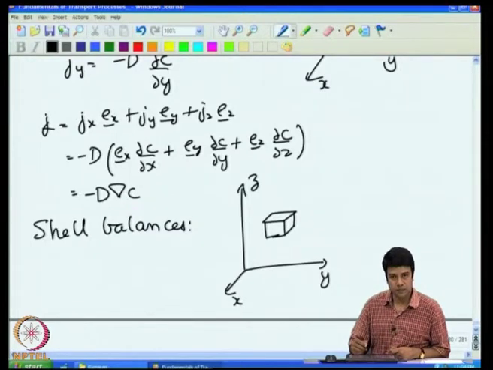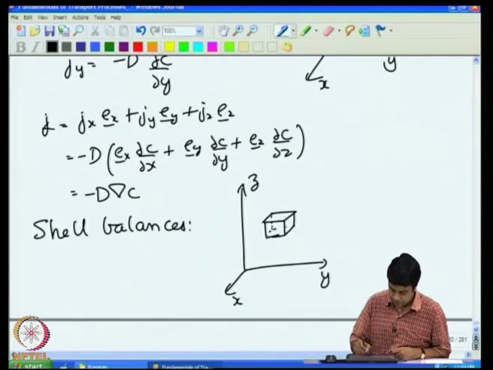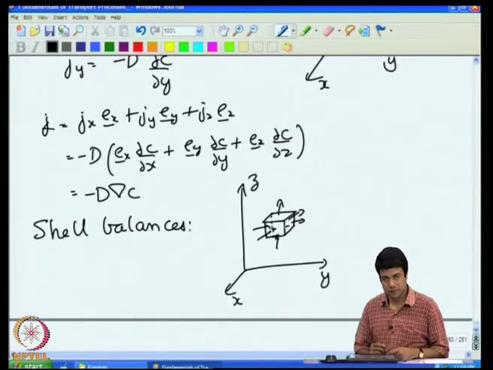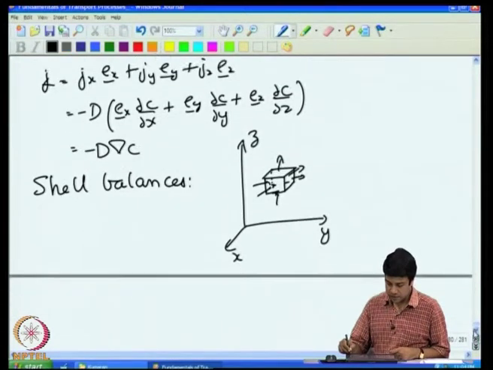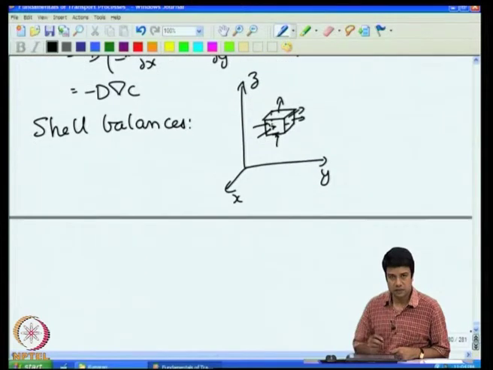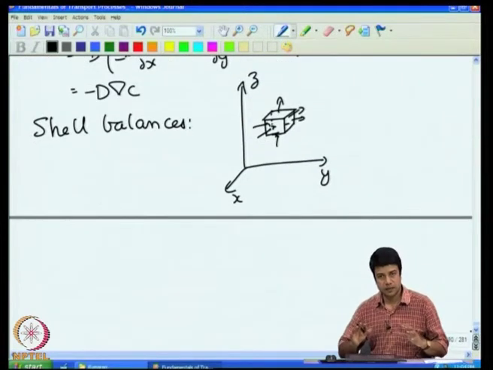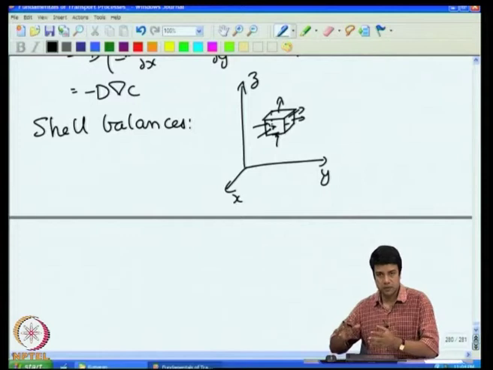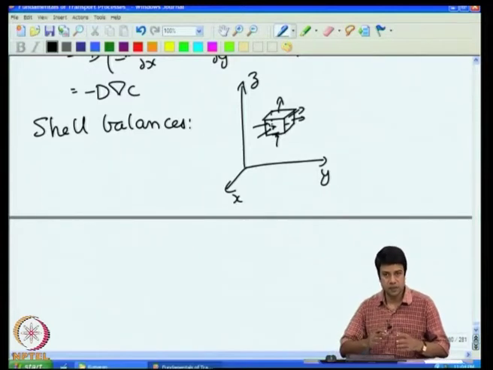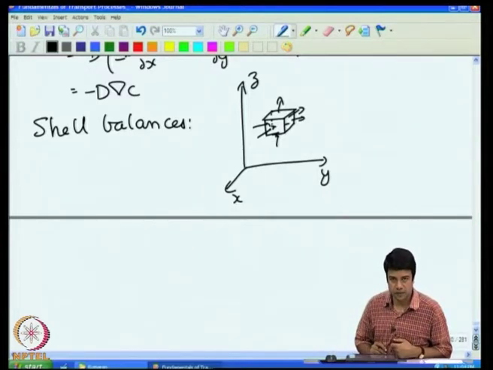And then we write a balance equation which basically balances the masses coming in and going out of this differential volume. So, if you are writing a mass balance equation, we write for this entire differential volume mass coming in on all the surfaces, mass going out on all the surfaces and the accumulation within the differential volume.